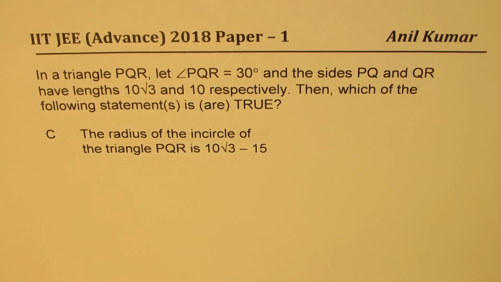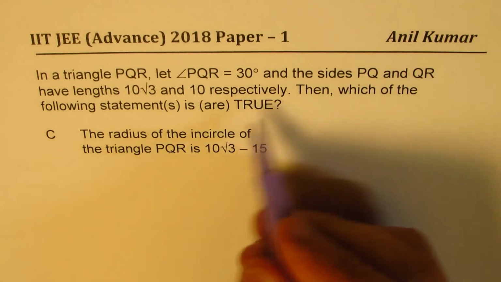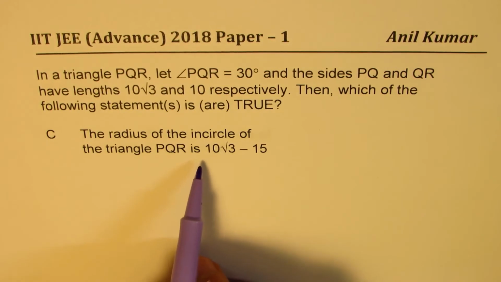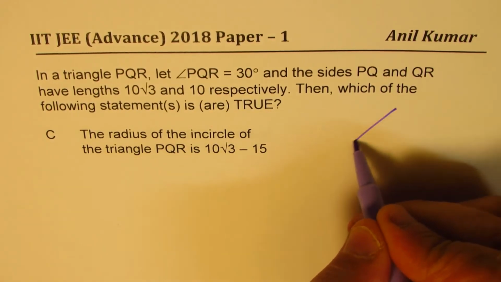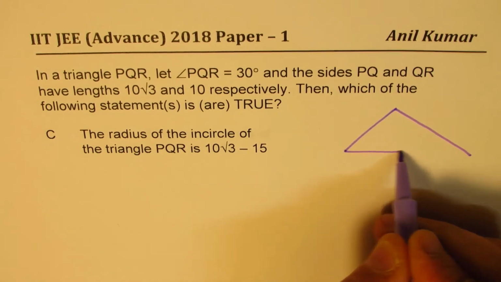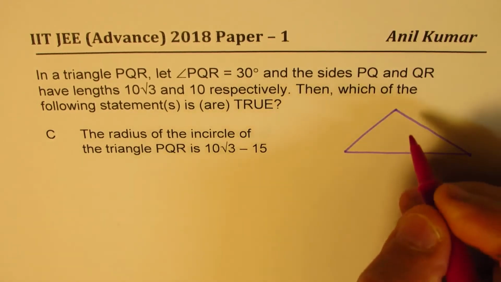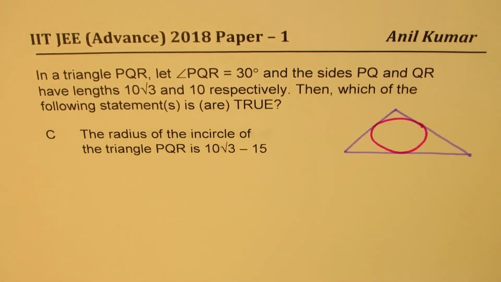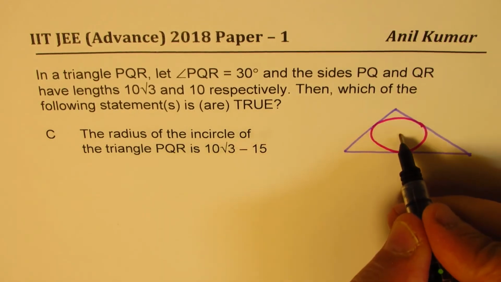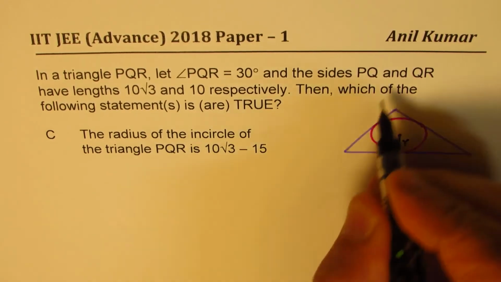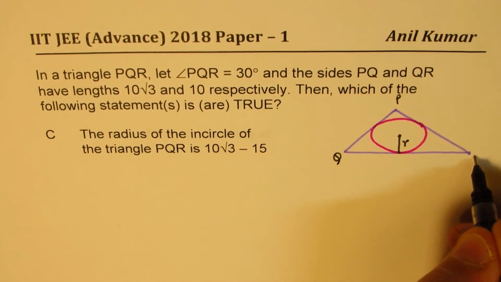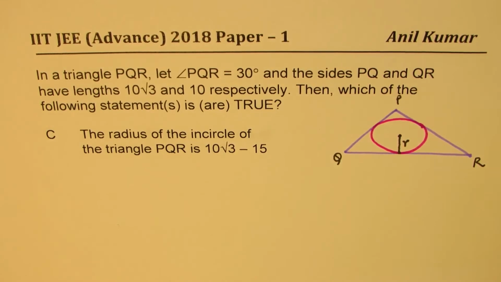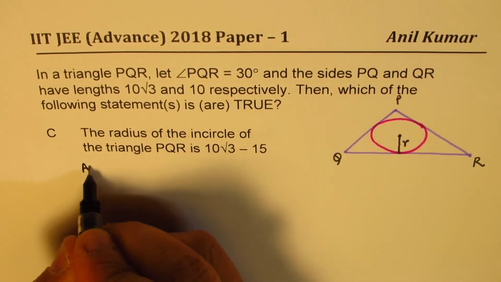In the triangle PQR, the same question, we need to find the radius of the incircle of the triangle PQR, and then we have to match, right? So basically what we have is this triangle, which is not drawn to the scale. We are looking for the radius of this circle, R, right? Now, how is radius related? We actually found the area, right?